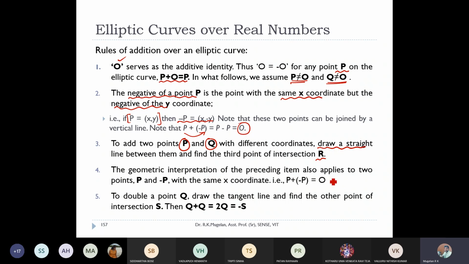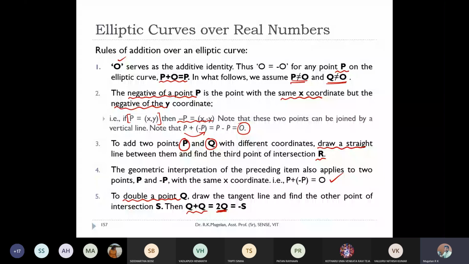The fourth point is that the addition of two points leads to identity if they are inverses of each other. Then, if you are going to double a point, that is, add a point to itself, Q plus Q or P plus P, or even triple or 4 times, you will get repetitive addition.